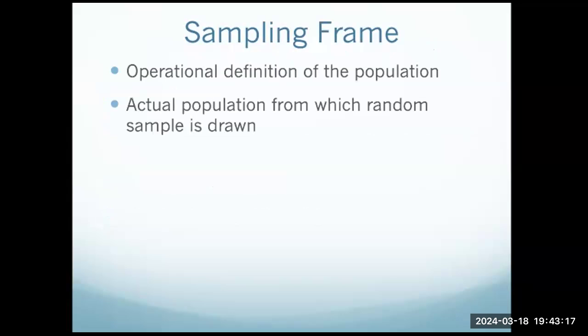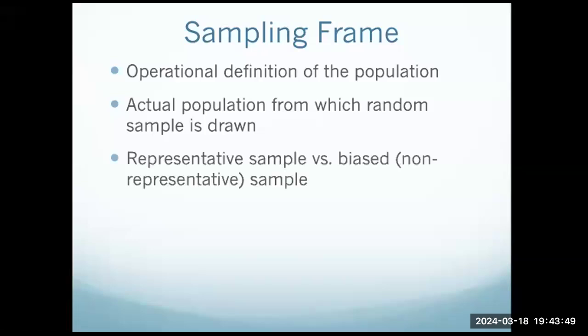But my sampling frame is going to be the preschoolers in ABC preschool, right? I get an enrollment list from ABC preschool, and then I randomly select 10 kids from this list. So that's an example. The sampling frame is the ABC school. My population of interest are preschoolers, but my sampling frame is going to be a small subset of that. That's how I'm defining those preschoolers.